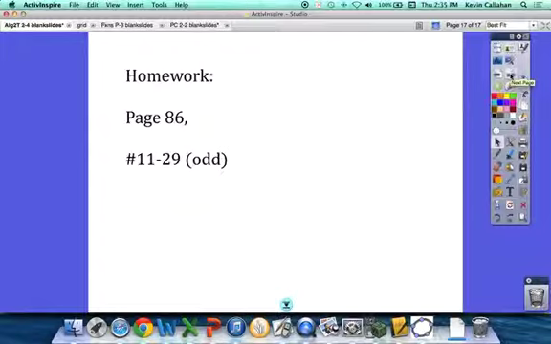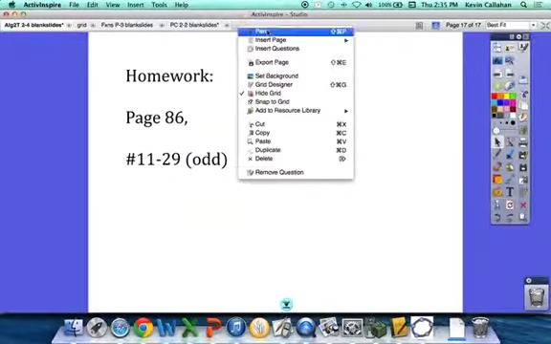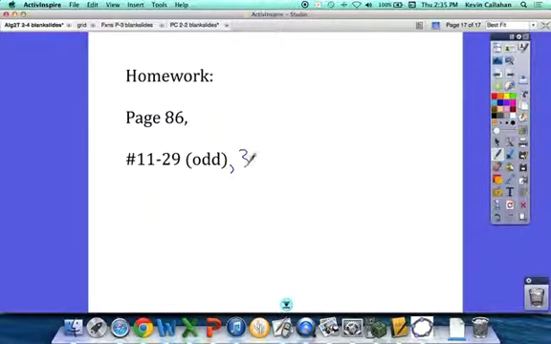That's the homework, but I'm missing something there. Okay, add those 2 on the end because they're the perpendicular parallel stuff.